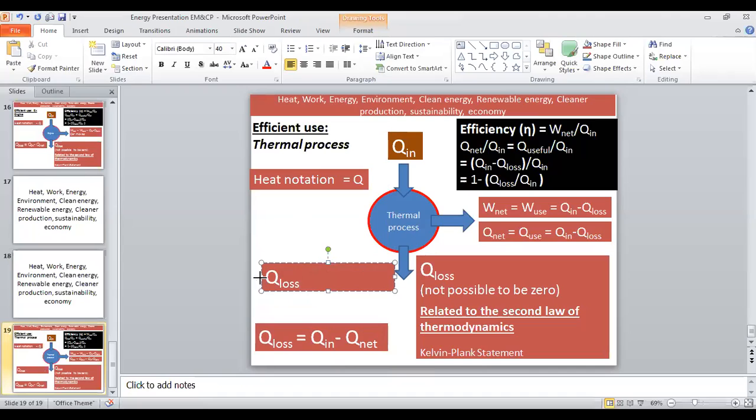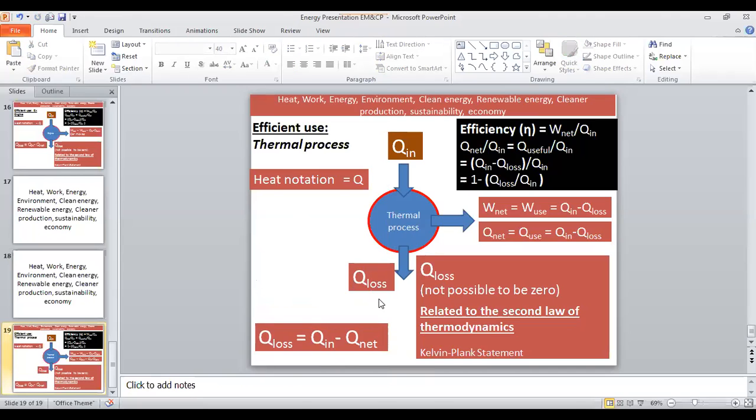That's the useful. So you have Q in and you have Q loss, then you have W net or Q net or Q useful. So let me consider this.